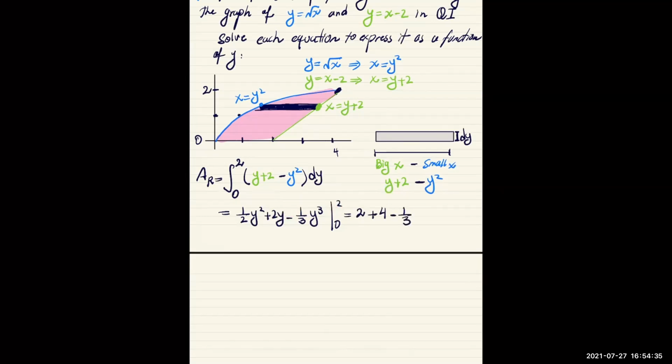Minus 1/3, plug 2 into y, you get 2 cubed, that's 8, so minus 8/3. Okay, so 2 plus 4, that's 6, minus 8/3.